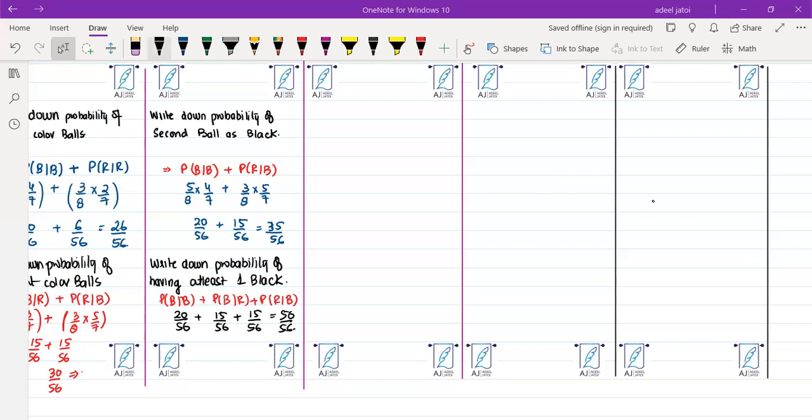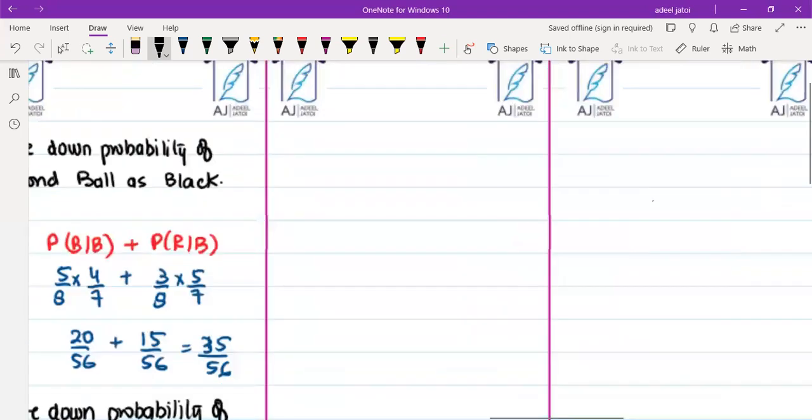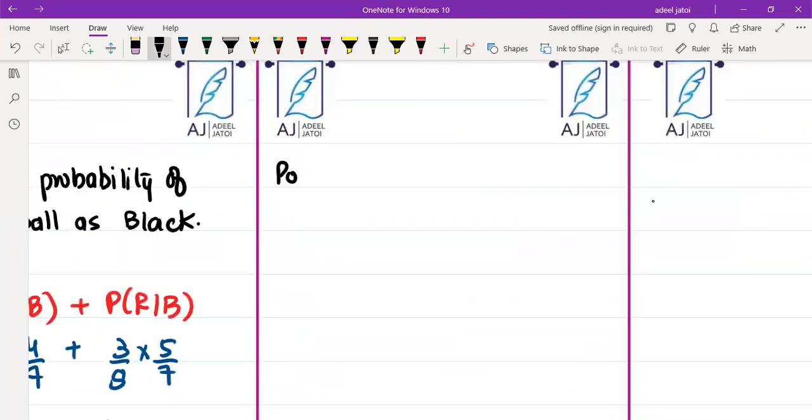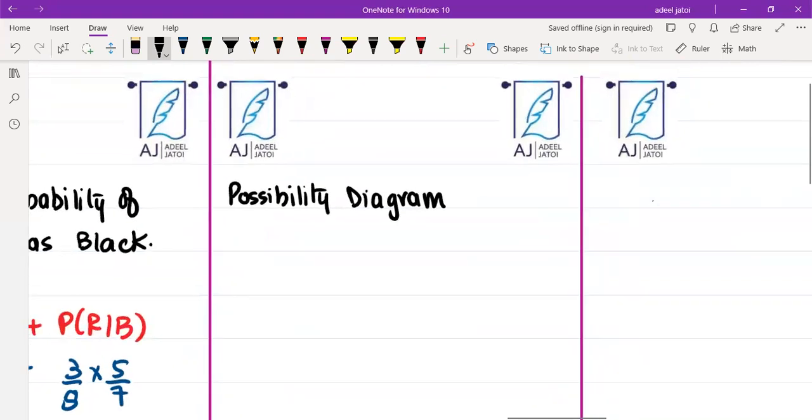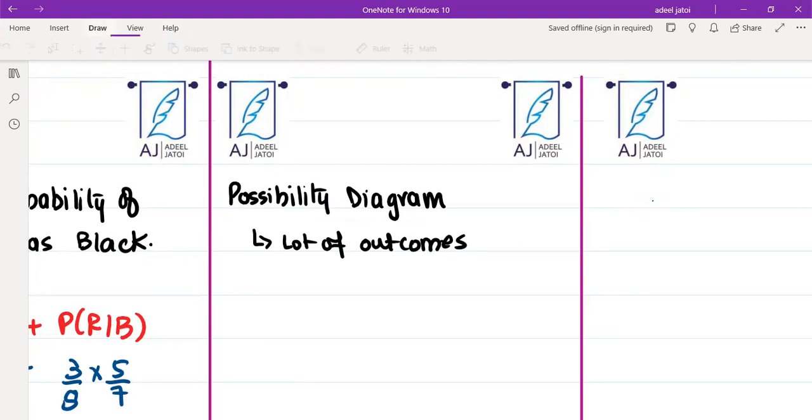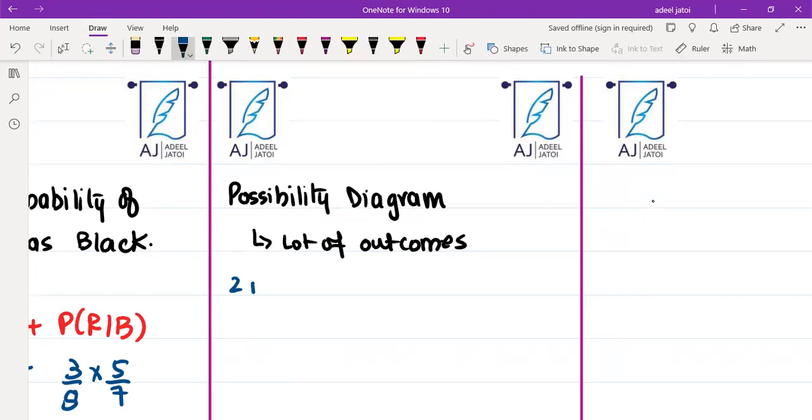Okay. Now moving further, there is one other thing in the syllabus, that is the possibility diagram. Now, possibility diagram is made when you have a lot of outcomes. Suppose the question is based on 2 dice.